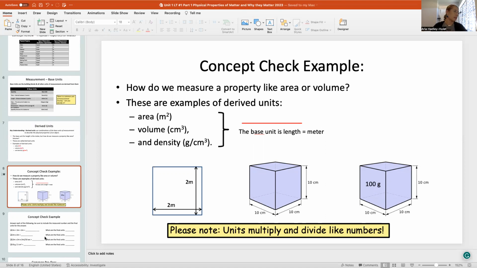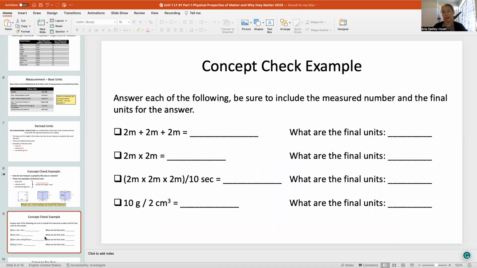An example I like to give is if we have 2 meters plus 2 meters plus 2 meters. Numerically, 2 plus 2 plus 2 gives us 6, but our units aren't 3 meters, our units are meters, right? Some length plus a length gives us that new length. So when you add and subtract, you have to have the same unit that you're adding and subtracting.